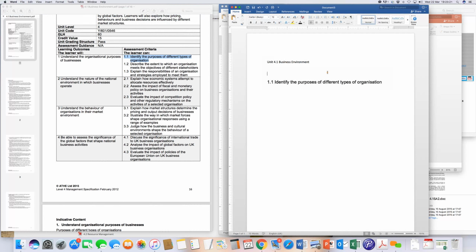Before this, if I look at the structure of the assignment, I'll start with a bit of introduction to summarize the unit. What is the unit and what is the overall objective that you understood. Task 1.1, and then I will say it is produced as a PowerPoint presentation. And then you put task 1.2, and then obviously you start writing, because 1.1, 1.2, 1.3 is a PowerPoint presentation, and then learning outcomes 2 onwards is a Word document.